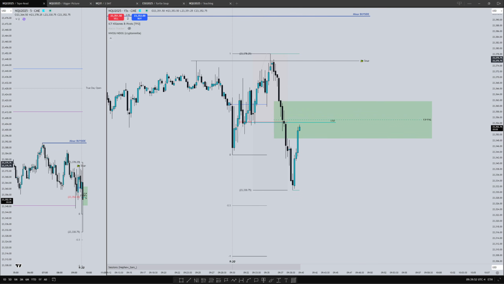It's running up into it. Just needed to touch this order block here.